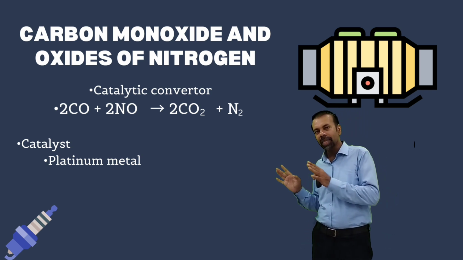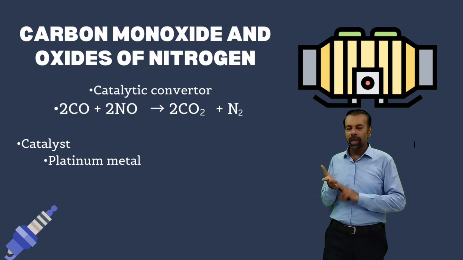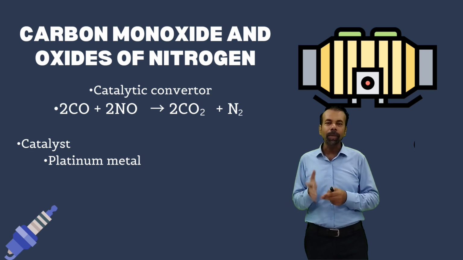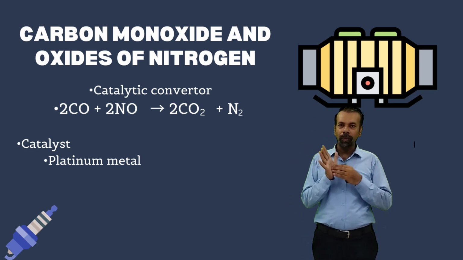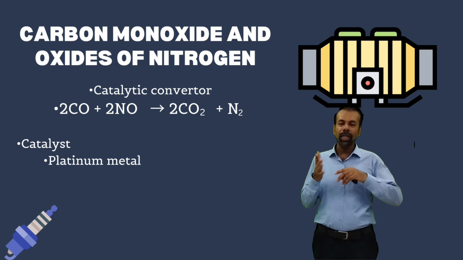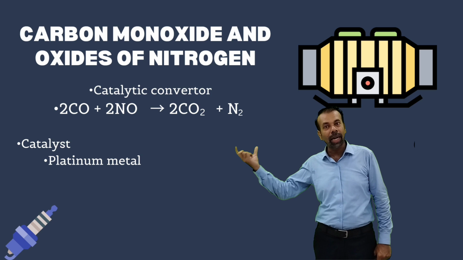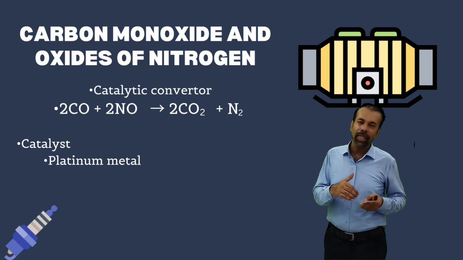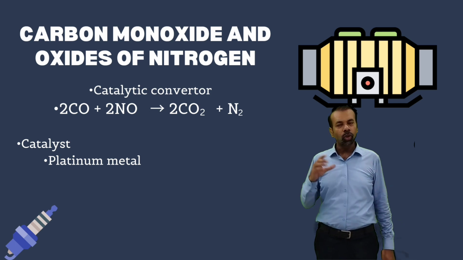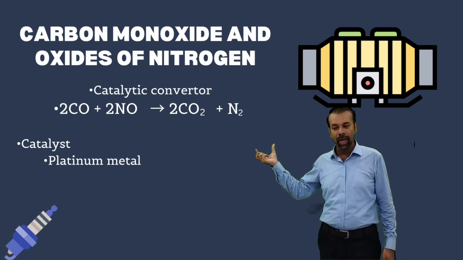They are not as harmful as carbon monoxide and nitrogen oxide. So just let me repeat it. Catalytic converter is fitted with the cars. It contains platinum catalyst, which combines carbon monoxide and nitrogen oxides, and converts them into nitrogen gas and carbon dioxide gas. So in this way, you can reduce these two pollutants, carbon monoxide and nitrogen oxides.